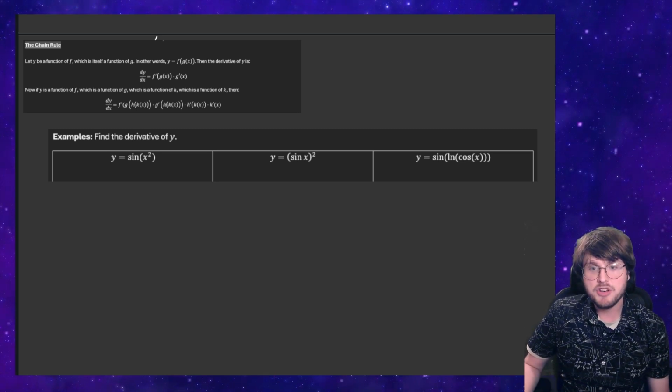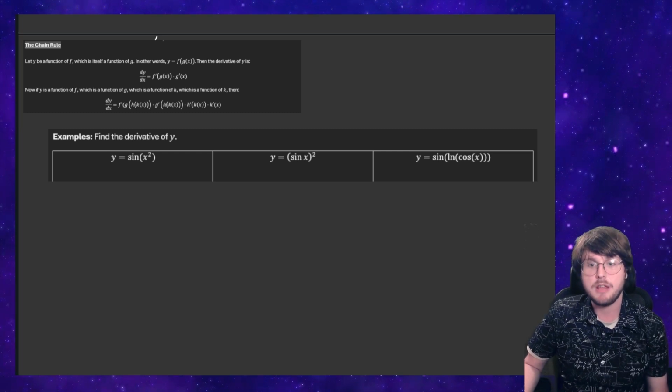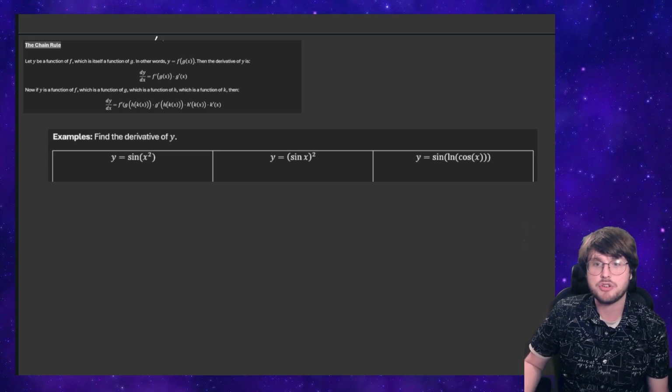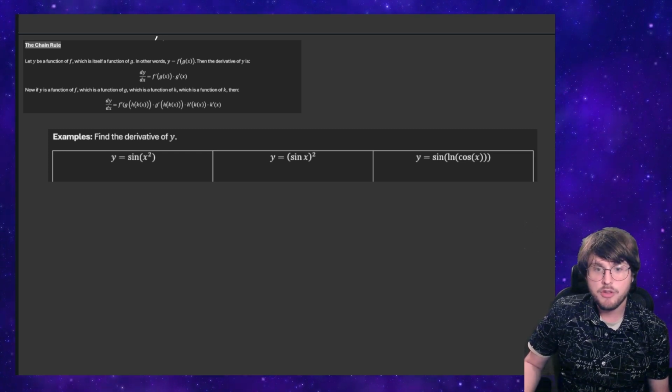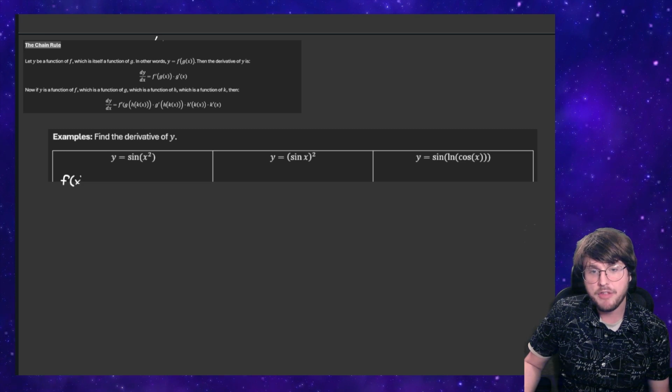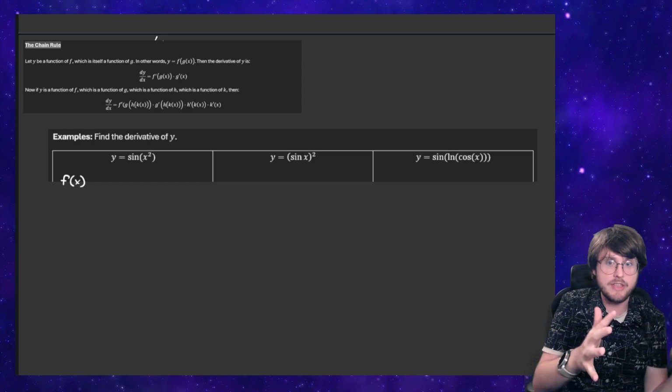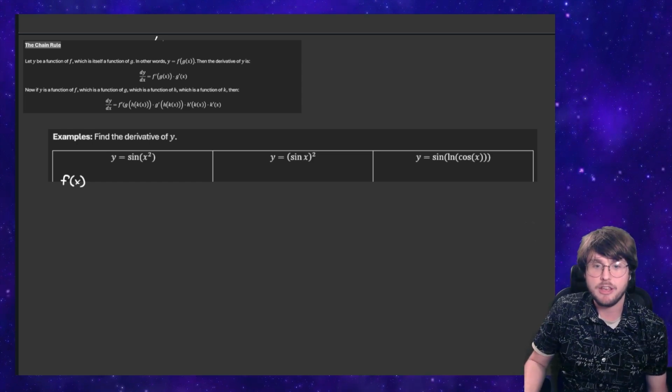So our first function is y equals sine of x squared. So we have an x squared function embedded within a sine function. And how I stated that is how we're going to treat the chain rule here. So first off, our f of x function is generally the most fundamental one. It's the one that's furthest on the outside, like you see here.